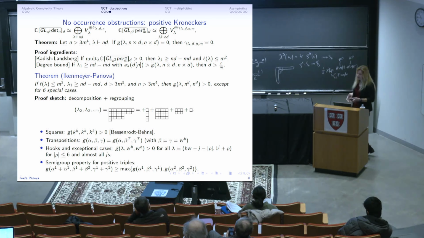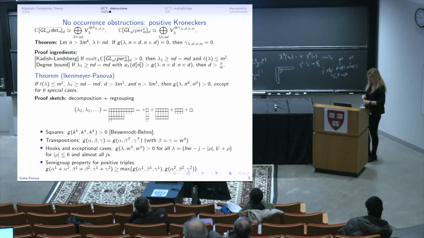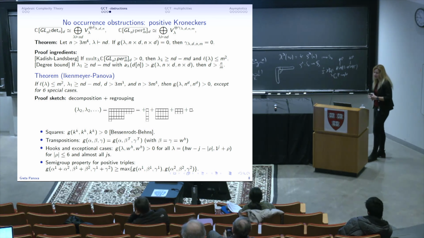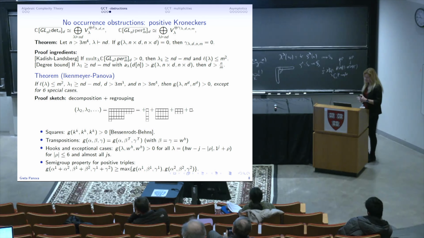And the last part is that we can use this semigroup property, which actually comes from Schur-Weil duality and actions of general linear groups, to show that if we have two positive Kronecker coefficients, then we can construct another positive Kronecker coefficient by adding up these partitions.